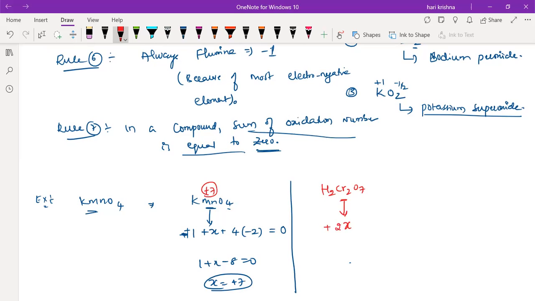What about the hydrogen? +1. Hydrogen is +1. What about the oxygen? -2, equal to 0.